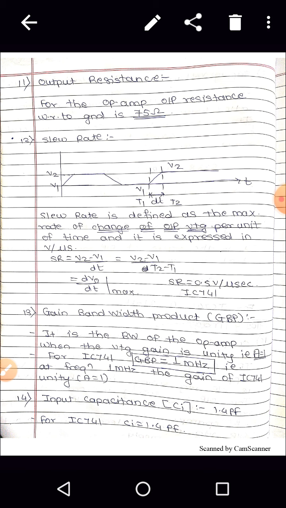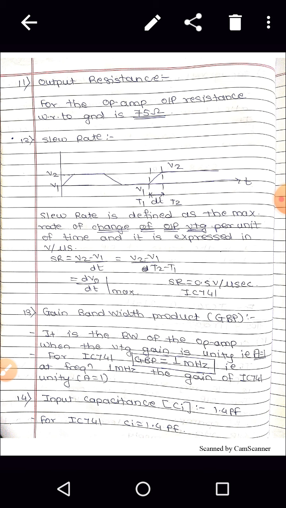Slew rate is equal to V2 minus V1 with respect to the change in time, T2 minus T1, that is dV0 upon dt. For IC741, slew rate is 0.5 volt per microsecond.